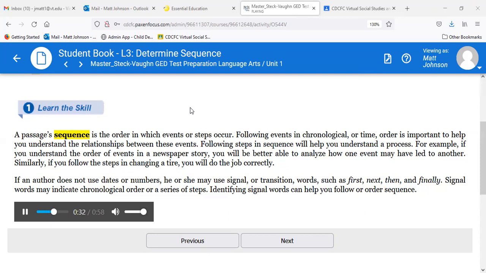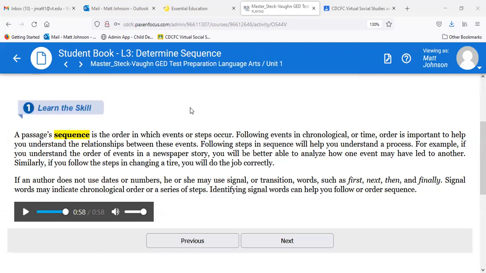Similarly, if you follow the steps in changing a tire, you will do the job correctly. If an author does not use dates or numbers, he or she may use signal or transition words, such as first, next, then, and finally. Signal words may indicate chronological order or a series of steps. Identifying signal words can help you follow or order sequence.